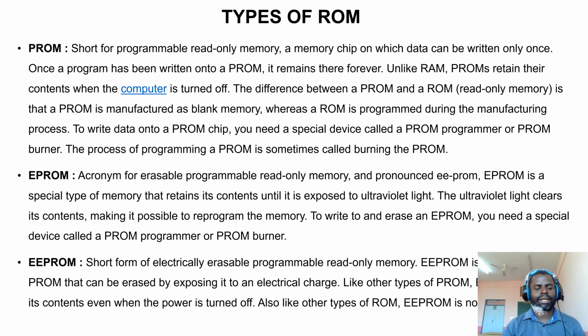EEPROM stands for Electrically Erasable Programmable Read-Only Memory. The problem with ROM is that using ROM we can only read the data, but we cannot write the data. So in order to overcome this difficulty, we have three kinds of ROM.